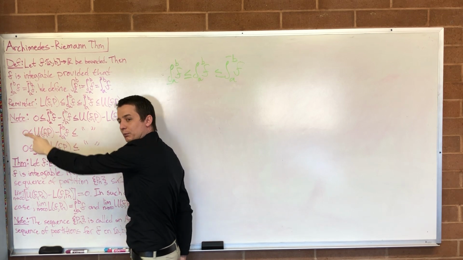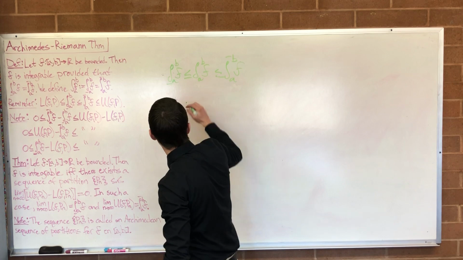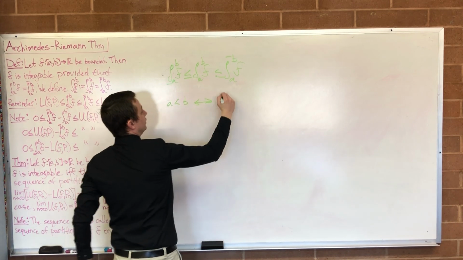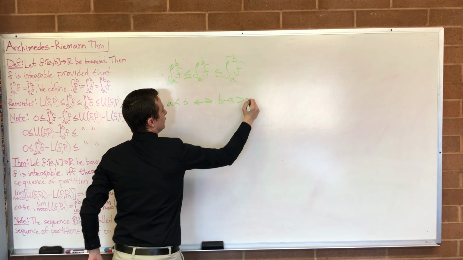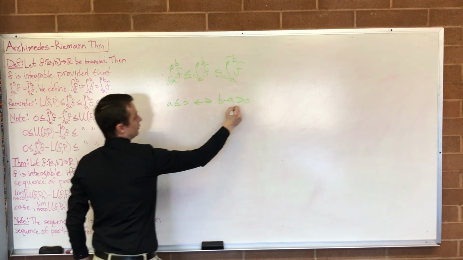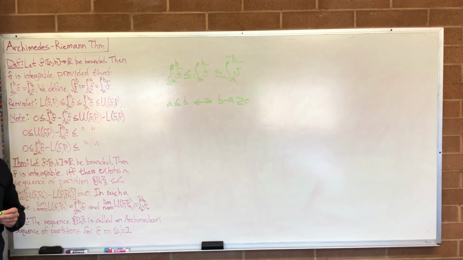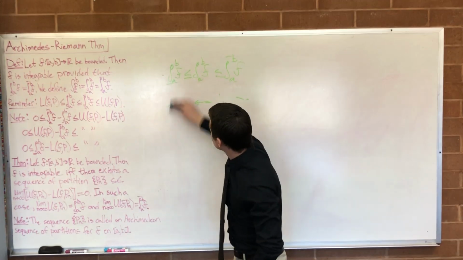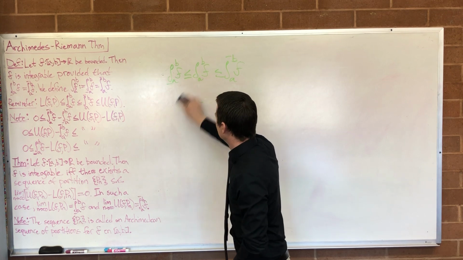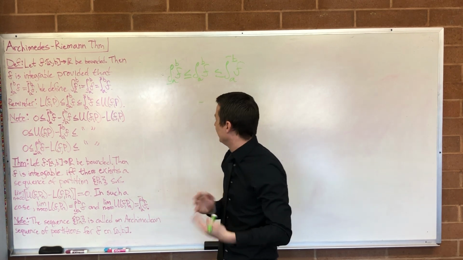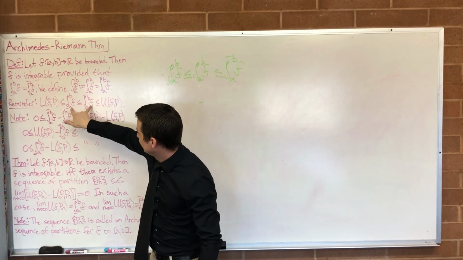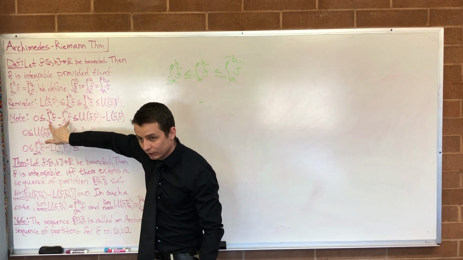If you remember way back to the beginning, we say that A is less than B is logically equivalent to B minus A is greater than 0. Way back to the beginning of the class. And it should make intuitive sense, right? Since 6 is bigger than 4, 6 minus 4 is greater than 0. So since that is bigger than that, this difference has to be greater than or equal to 0.